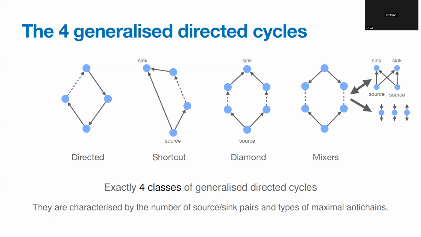So there are special cases of diamonds. Initially the construction started from triangles, and in a triangle, of course, a diamond and shortcuts are the same, right? And you can't have mixers in triangles, so it made more sense to start with a full graph with 4 nodes, because you have a representative of each class, and then you can show that you can reconstruct more classes.